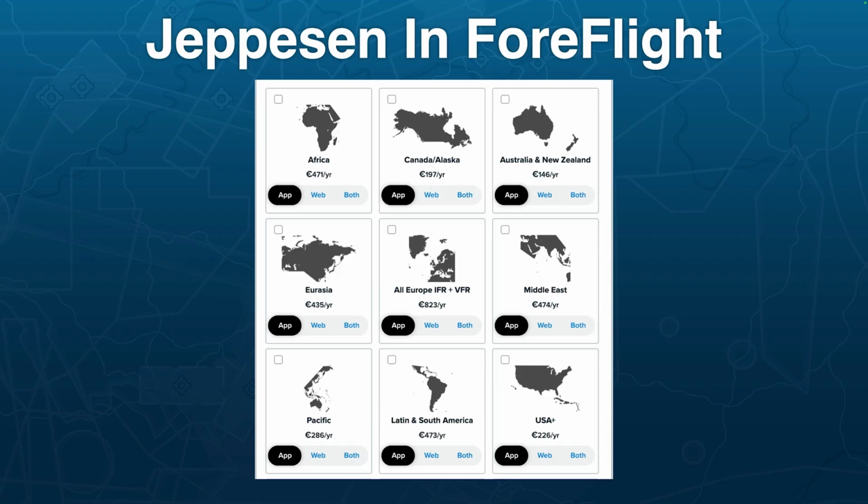So the advantage with the app installation is that you get the Jeppesen charts automatically on all 3 possible devices in your account.